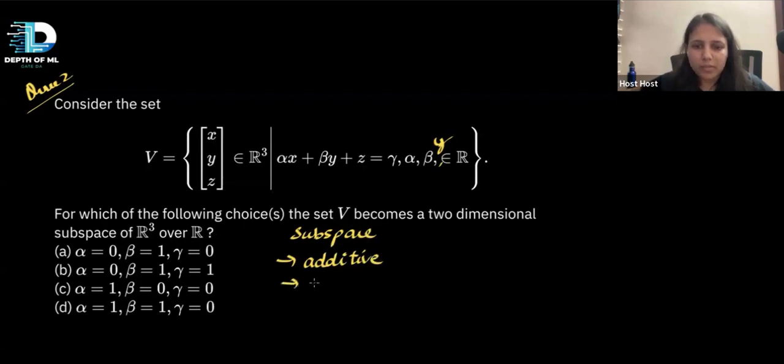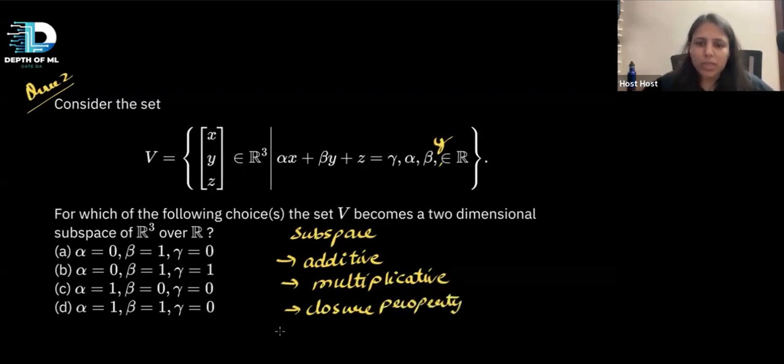I'll write the trivial ones, you'll give me the other ones. Multiplicative, right? And closure property as well. And also one important thing is that the zero vector should be there, right? Correct. So we have these properties.